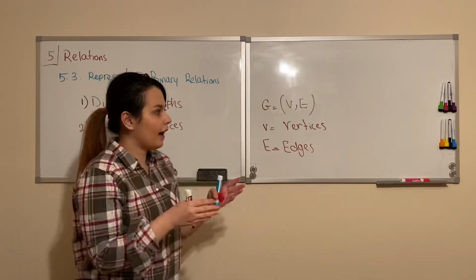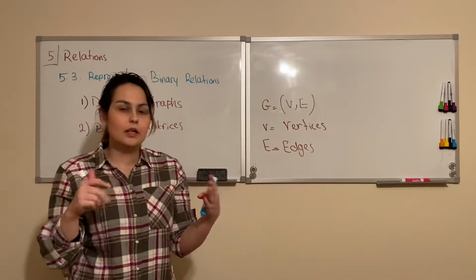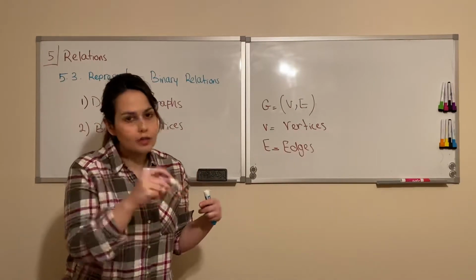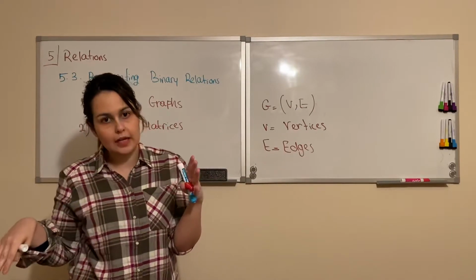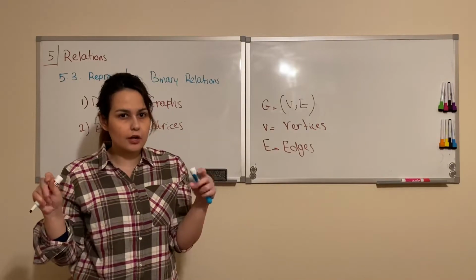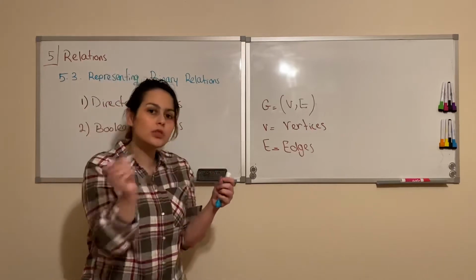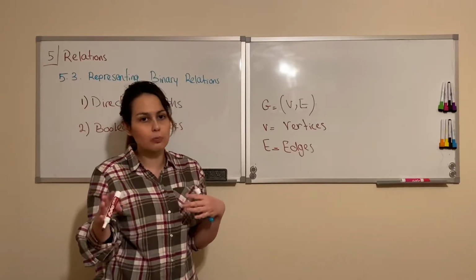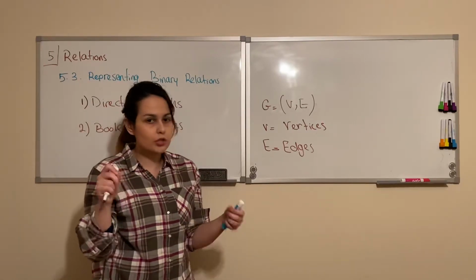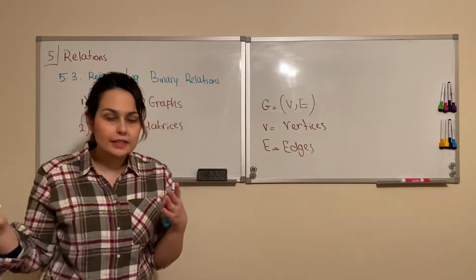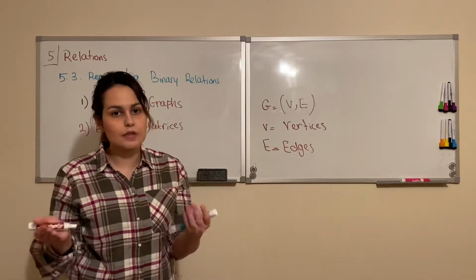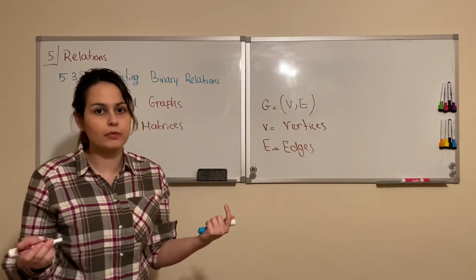Actually, graphs are things where we have some dots and some lines between them. Those dots stand for objects, and those lines connecting the dots show a connection between them.